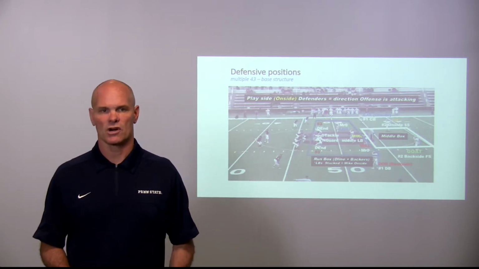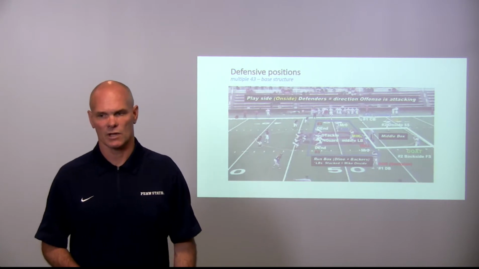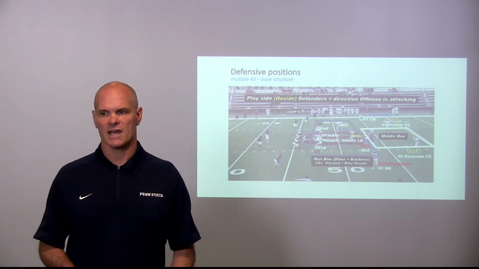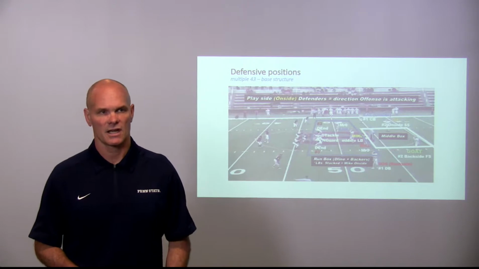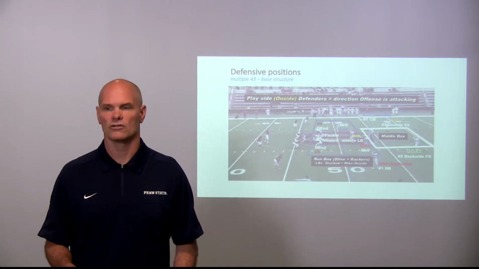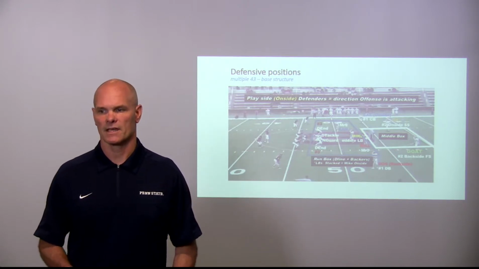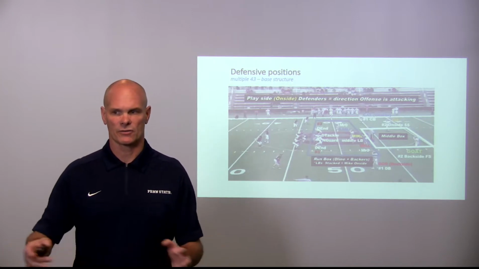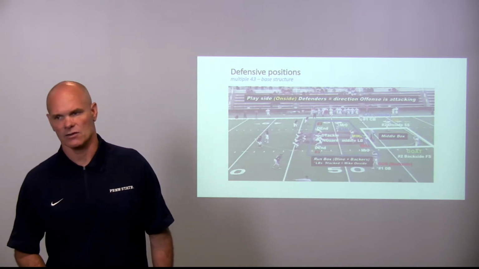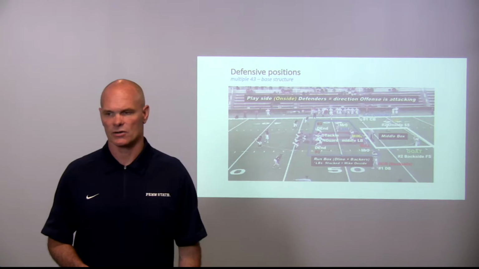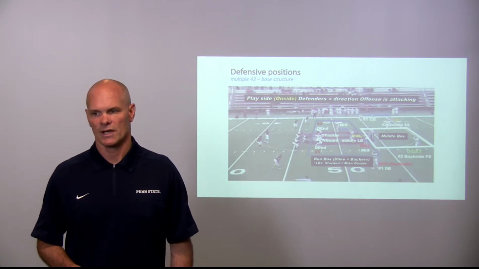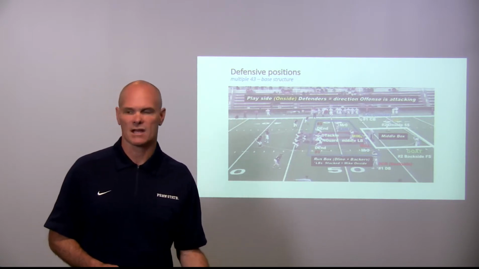Up front, we call the defensive ends number 3 for blocking purposes, and then the D tackle is typically the 3 technique, and the nose guard is shaded somewhere over the center or close to. Again, what we're looking for is defenders in the run box by identifying those hanging backers or Mr. Zeros, the Sam and the Will, and determining if they want to defend pass or defend run.